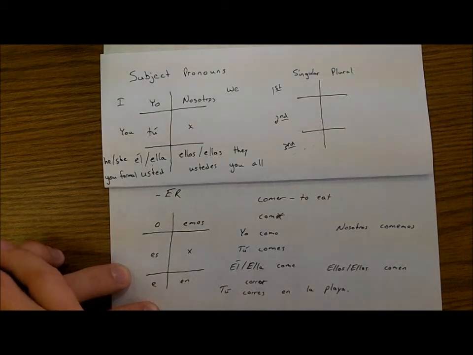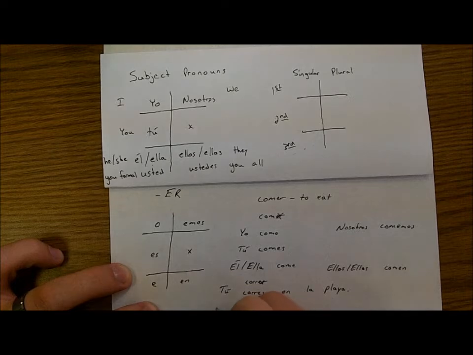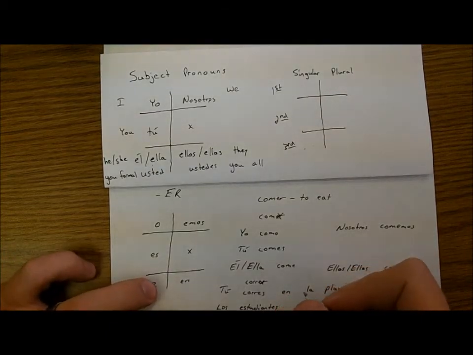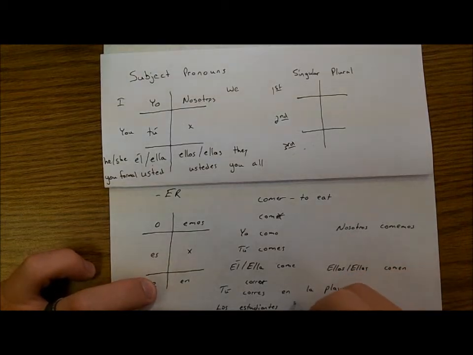Next sentence we're going to do is the students learn Spanish. So we're going to start off with students, los estudiantes. If you're more familiar with los alumnos, you could use that as well. To learn is aprender. Take off the ER.